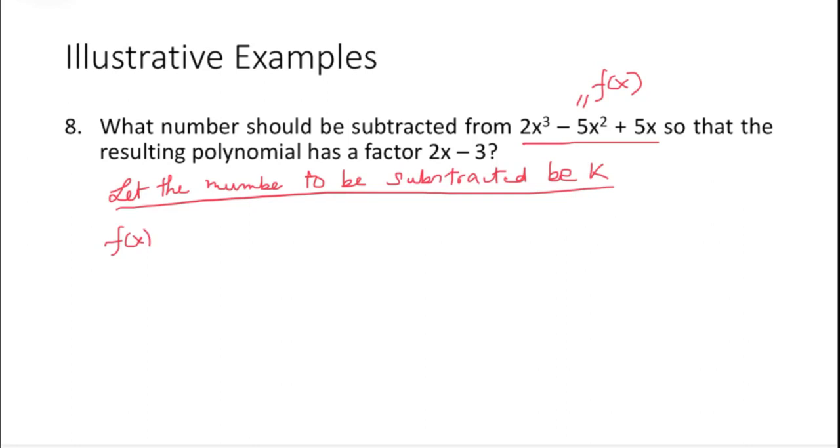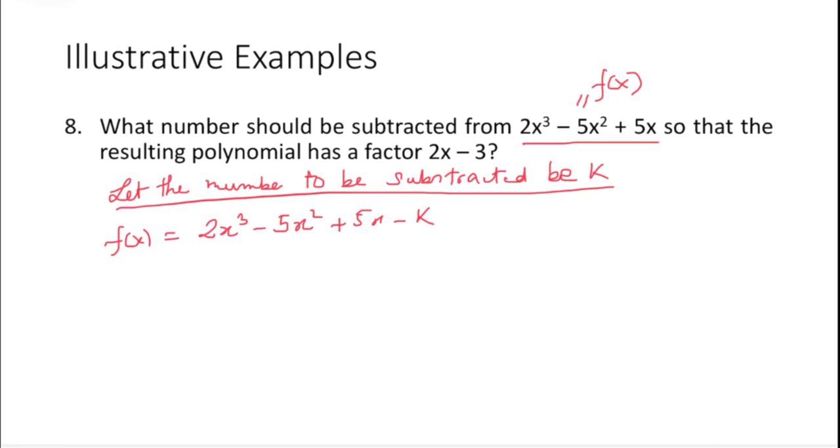So the function becomes f(x) = 2x³ − 5x² + 5x − k, since k needs to be subtracted. Now the resulting polynomial has a factor of 2x − 3.